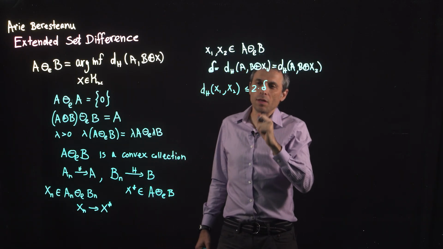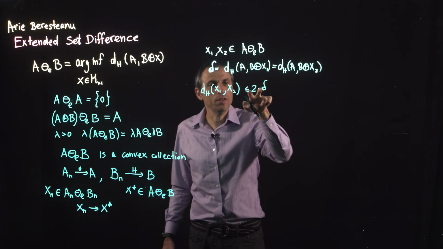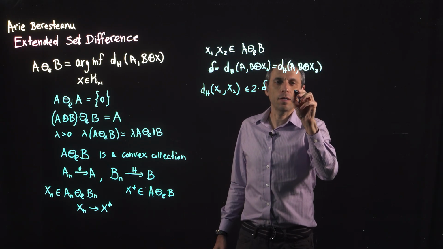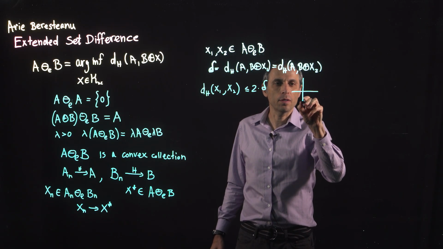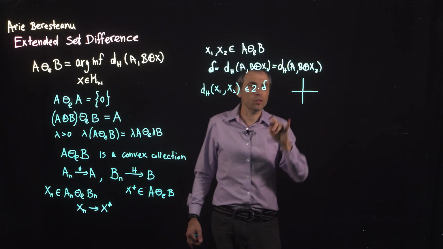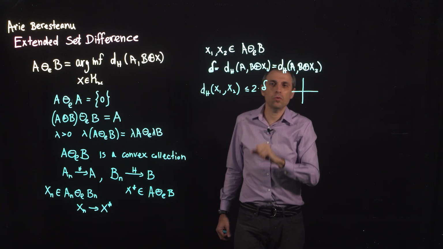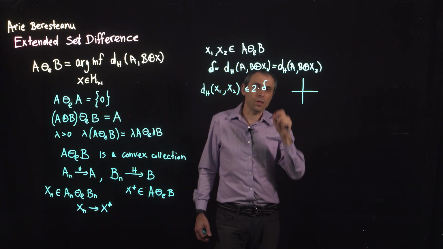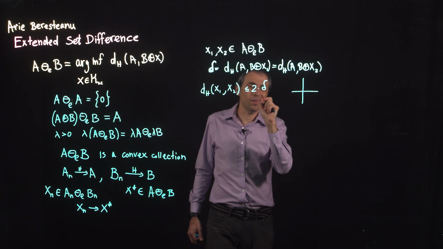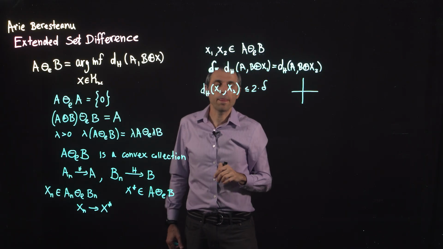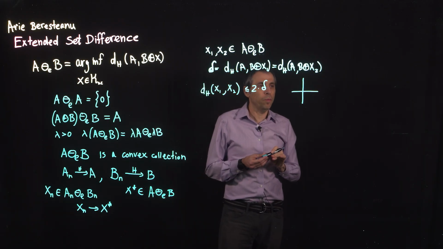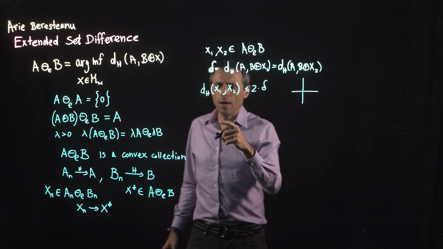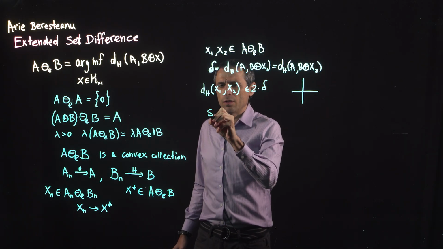And if you want to see an example in which you can actually achieve 2 times delta, it will be the example with A and B being two segments perpendicular to each other of length 2 and so on, where delta is equal to 1, and you can find two solutions x1 and x2 whose distance is exactly equal to 2 times 1. So that's the scope of the solutions. We also provide some results related to symmetry.